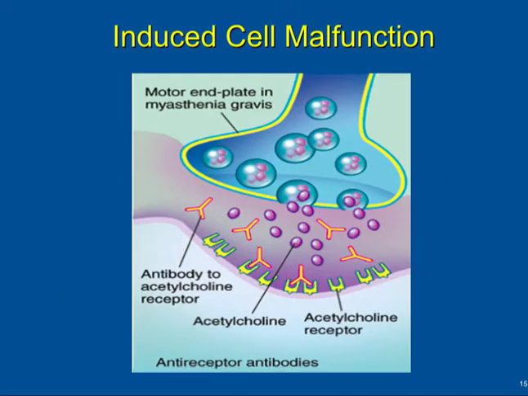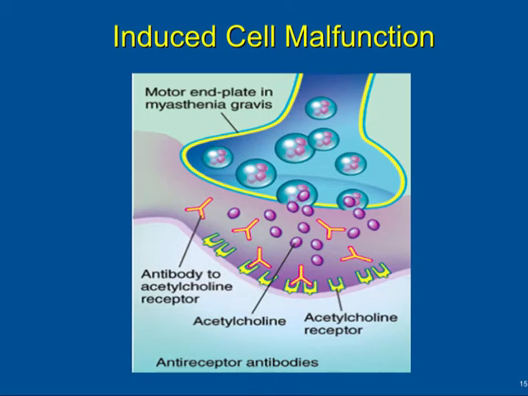A good example of this would be myasthenia gravis, and I already mentioned things like diabetes. We talked about a couple of different ones at the very beginning. When we talk about induced cell malfunction, this is basically a motor end plate with myasthenia gravis. What we're looking at is the neuromuscular junction and the acetylcholine receptors. In this case, an antibody develops toward those acetylcholine receptors, which are these right here.